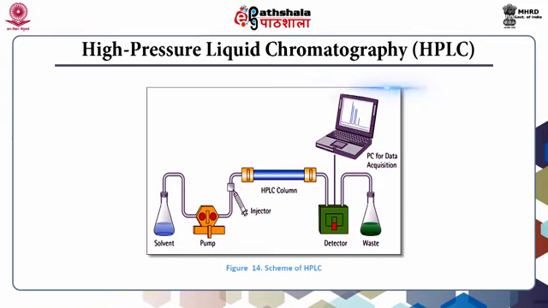Since the column is made of finely divided materials of a few microns, pressure is required to be applied onto the column for obtaining adequate flow rate and good separation. The schematic overview of various steps in HPLC can be shown in this figure.